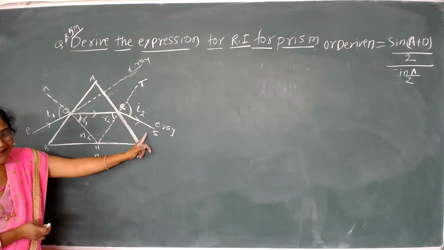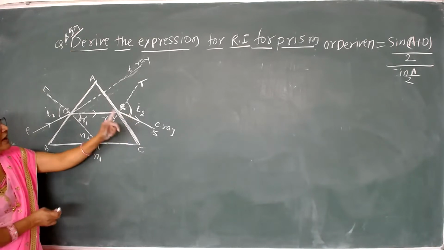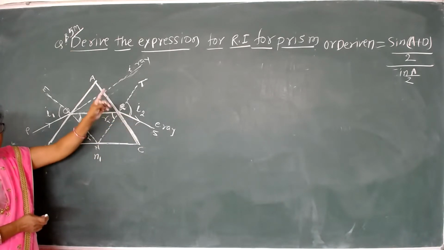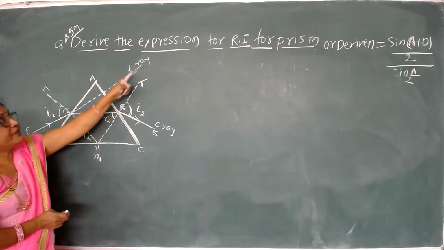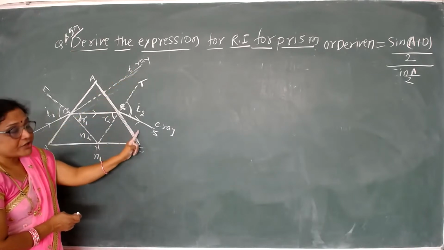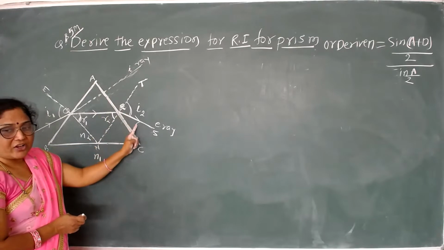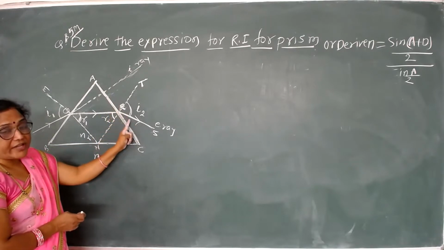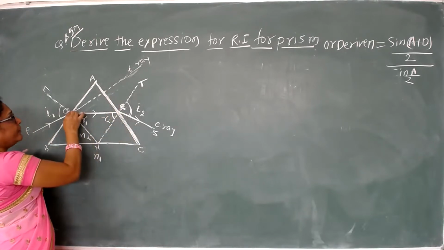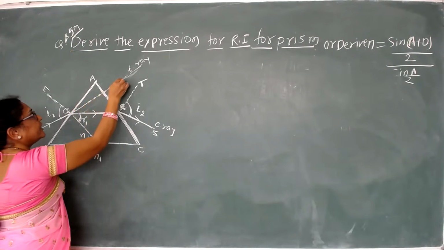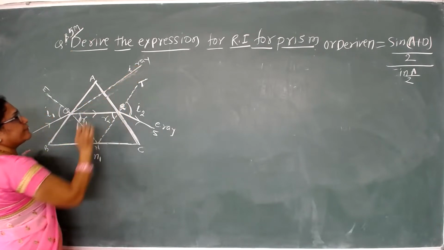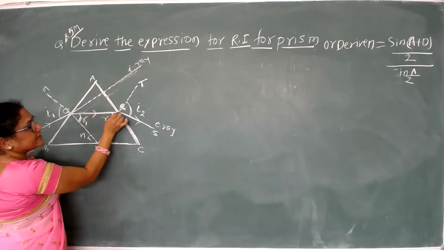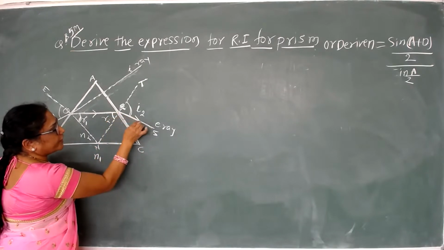The change in angle is known as the angle of deviation. The angle which is found between the incident ray and the emergent ray is known as the angle of deviation. So to find the angle of deviation, if the prism is not there, the ray of light is propagated in the same direction. But due to the prism, the ray of light is propagated from here.